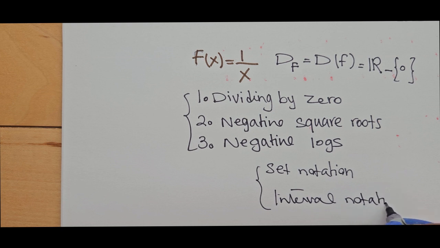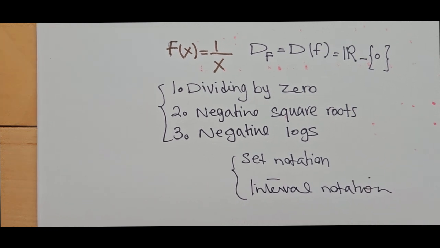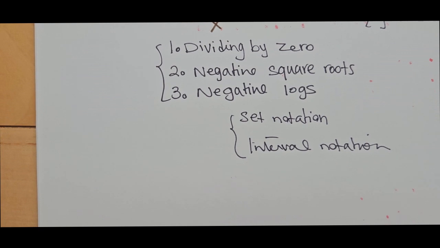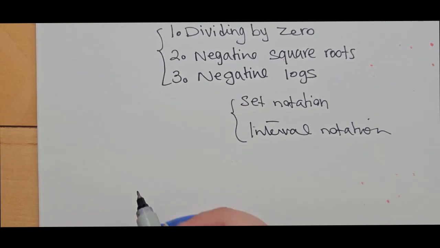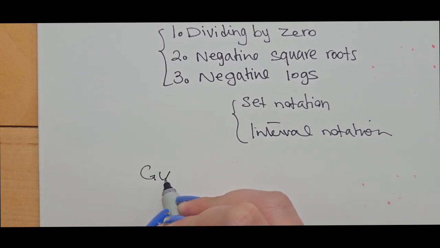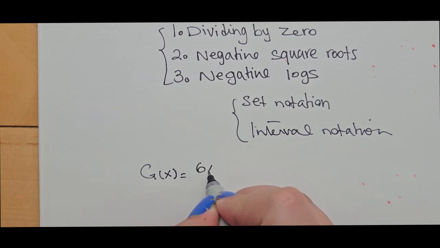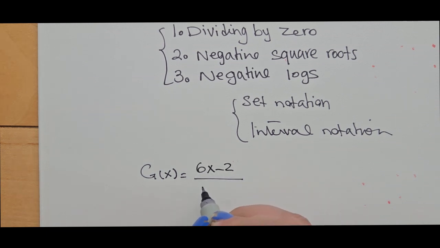It's up to you which method you want to use, unless the question asks you specifically which method to use. Now let's talk about an example. Here I have a function g of x. The name is g, the variable is x, and it is 6x minus 2 divided by 3x minus 4.